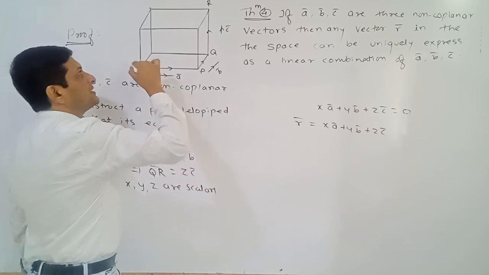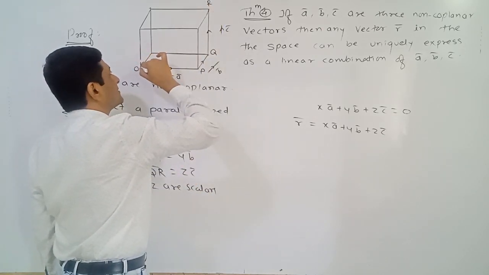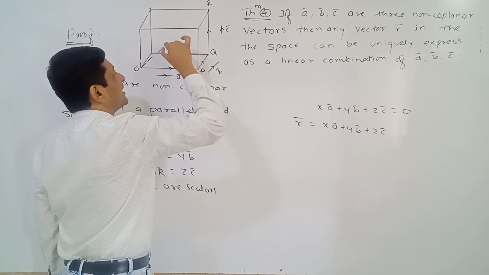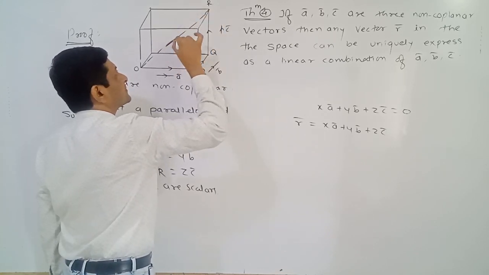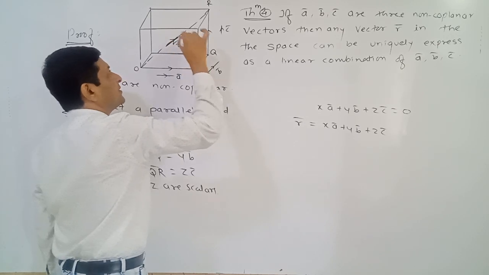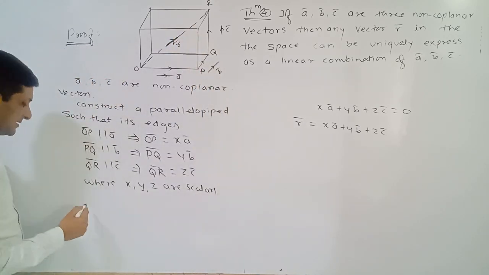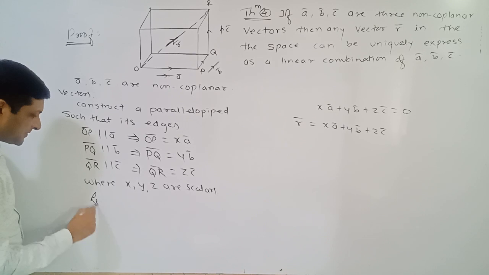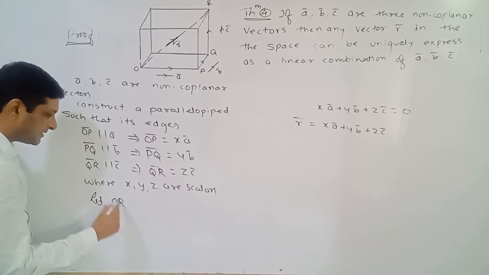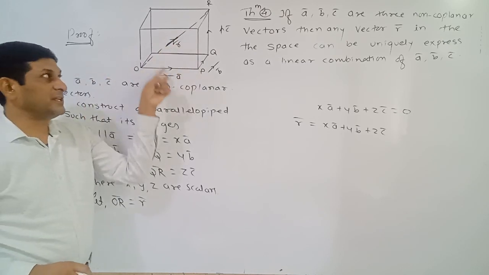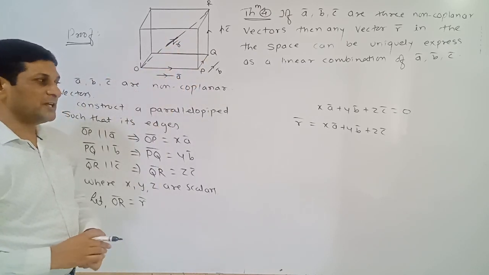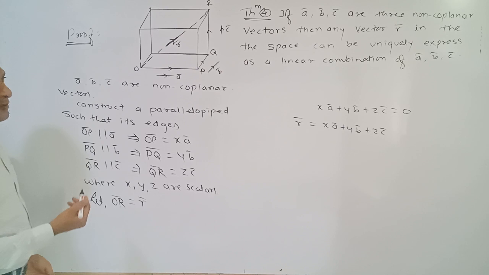Now draw this vector OR bar, and I am denoting OR bar by R bar. So let OR bar equal R bar. Now here we have got one polygon, so we are able to apply the polygon law of vector addition. Let us see what result we will get.